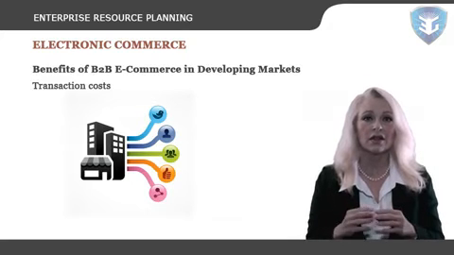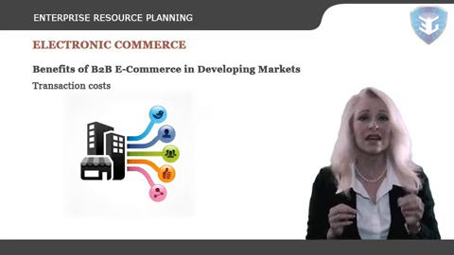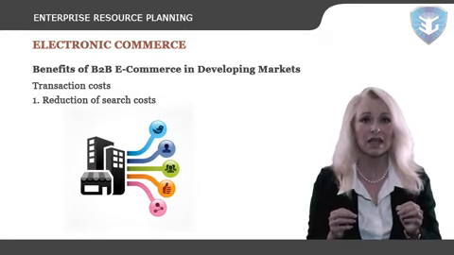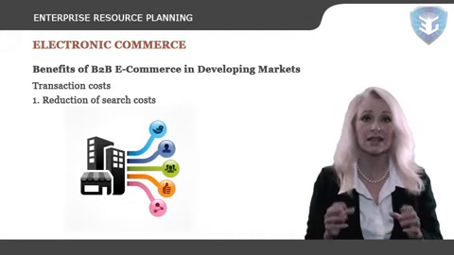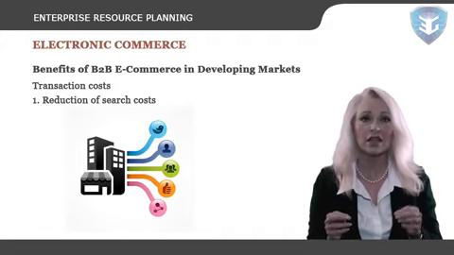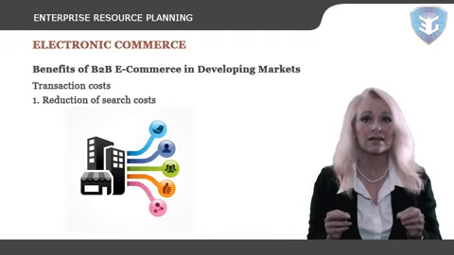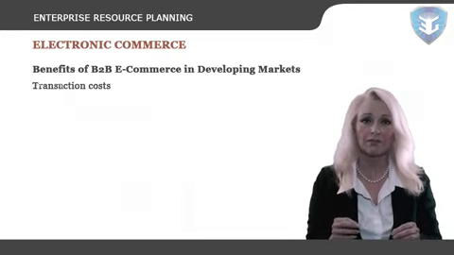Transaction costs. There are 3 cost areas that are significantly reduced through the conduct of B2B e-commerce. First is the reduction of search costs, as buyers need not go through multiple intermediaries to search for information about suppliers, products, and prices, as in a traditional supply chain.